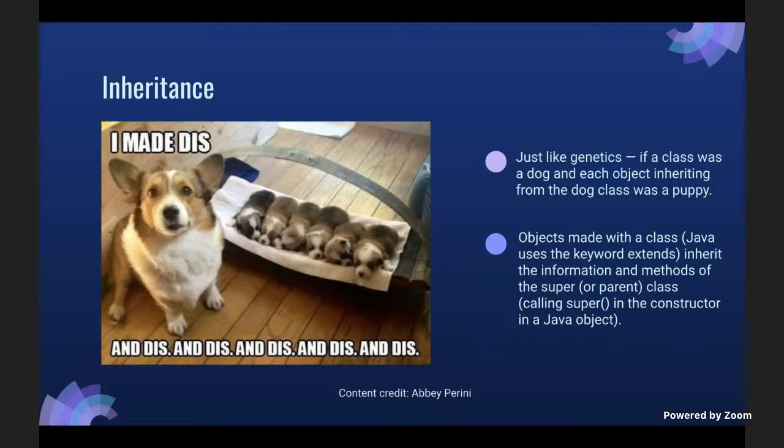So if you get that, you can just drop a message on the chat box. It's very simple stuff. You're inheriting properties from that. This is like a parent class. This is a dog, that's a parent. And then you have the children. They have the same properties as the parents.